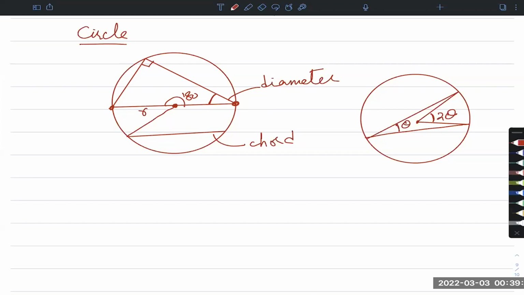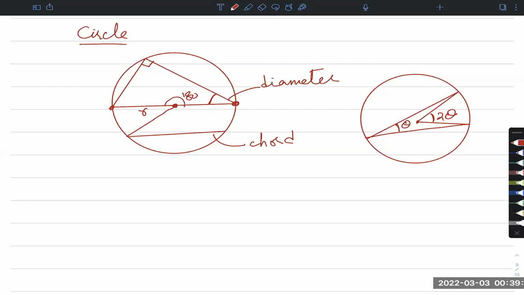So जो आपके पास सेमी सर्कल में एंगल इंस्क्राइब होएगा ना कभी भी, वो 90 होएगा, ठीक है. तो the angle that is inscribed in a semicircle is always 90. या अगर डायमीटर से आ रहा है तो वो हमेशा परपेंडिकुलर होगा, 90 होगा.